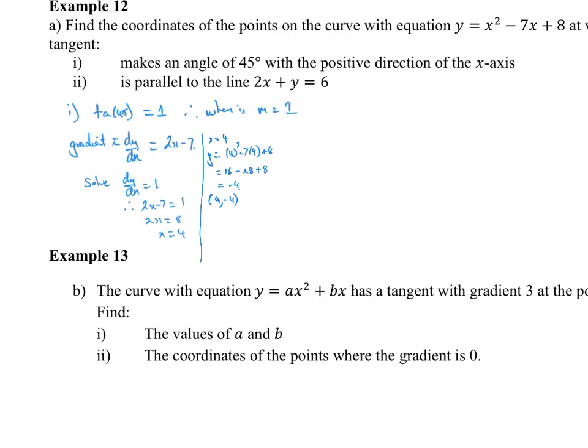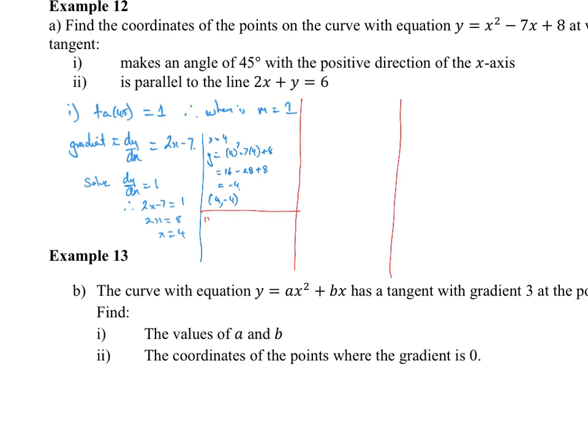All right, so let's go to example 2 now. We'll try and keep some room for a graph, so we might go down in here. Same sort of thing, except this time I want to know whereabouts this curve of x squared minus 7x plus 8 has a tangent line that is parallel to 2x plus y equal to 6.